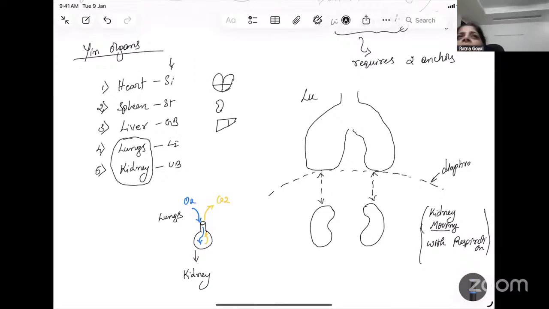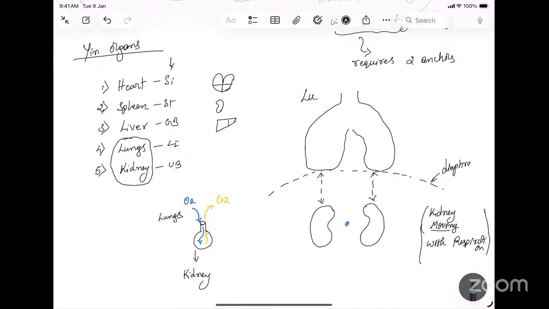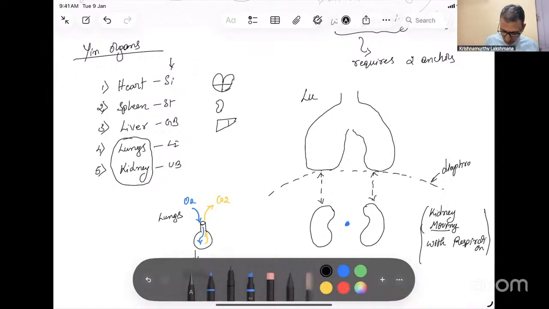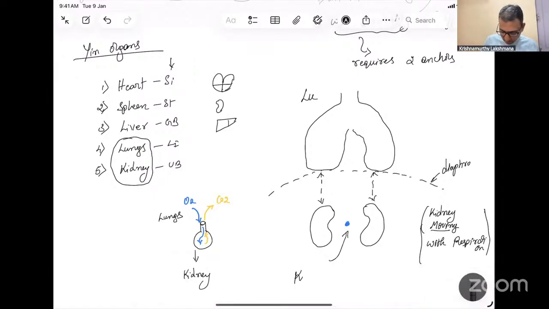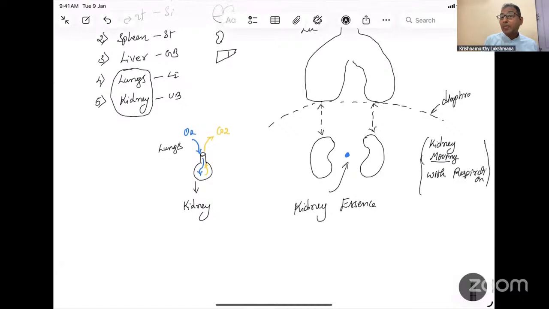There should be a proper reasoning, right? There should be a clear-cut reasoning. Why kidney? Okay, it has kidney essence. So what?